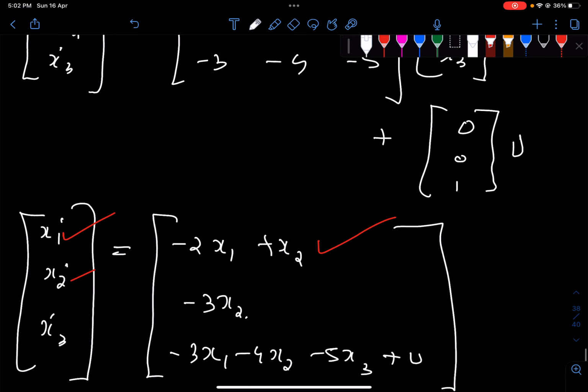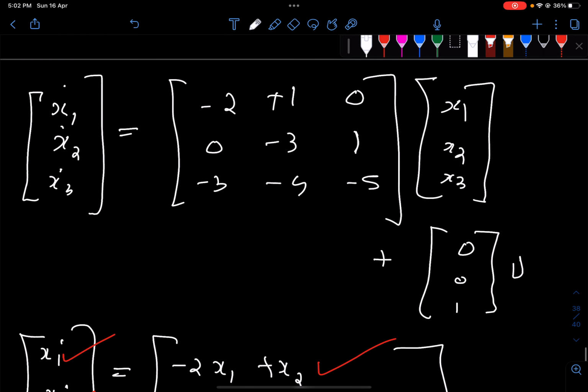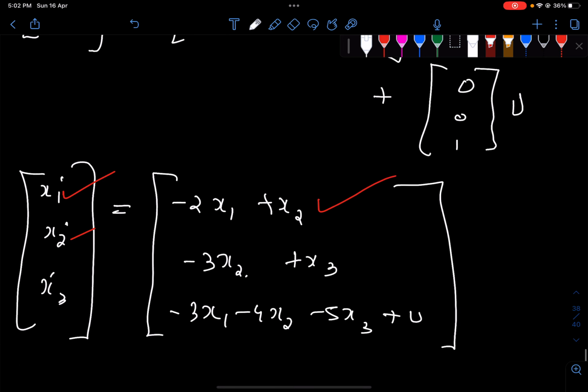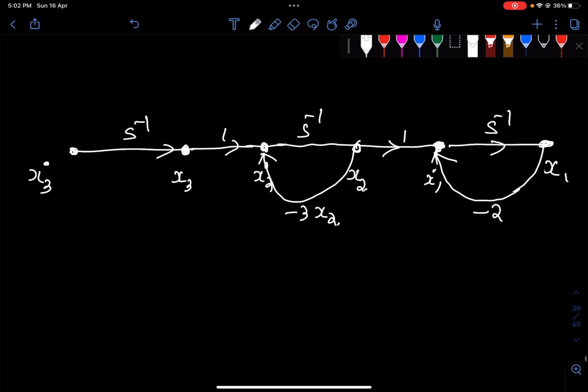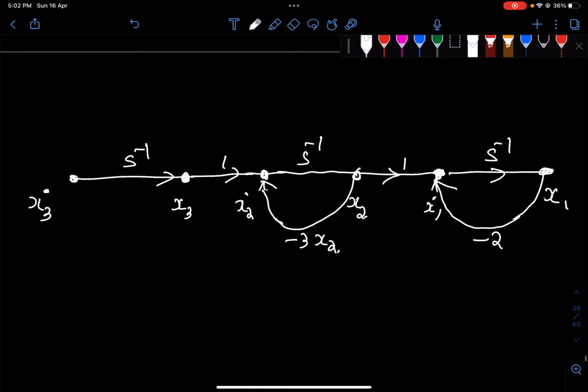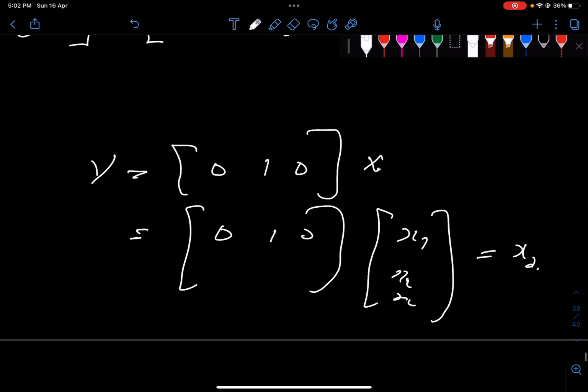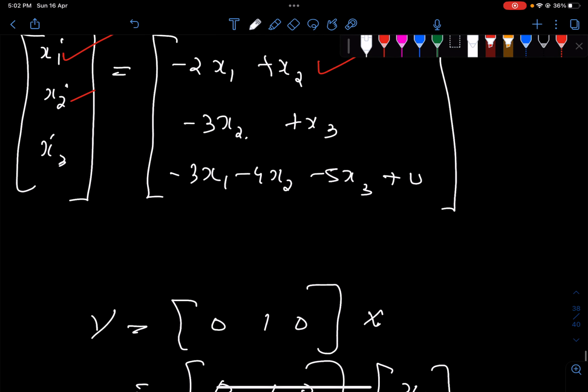That's what our x3 dot. Oh, here again I have made a mistake. Here 1 is there, so that is plus x3. So to this point you just check, guys. Here it is x2 dot, right? So for x2 dot, we have an incoming of minus 3 x2 as well as x3 incoming. So x3 dot, last one, we have completed that also.